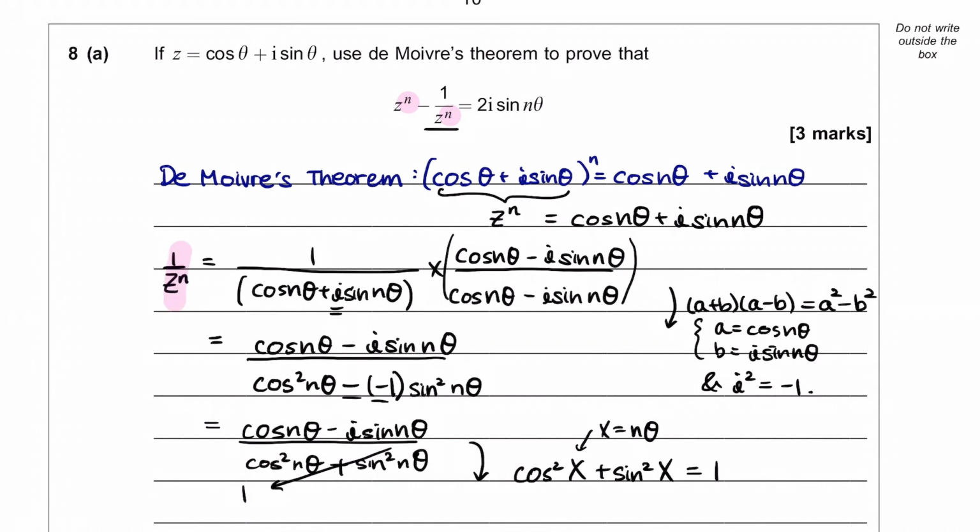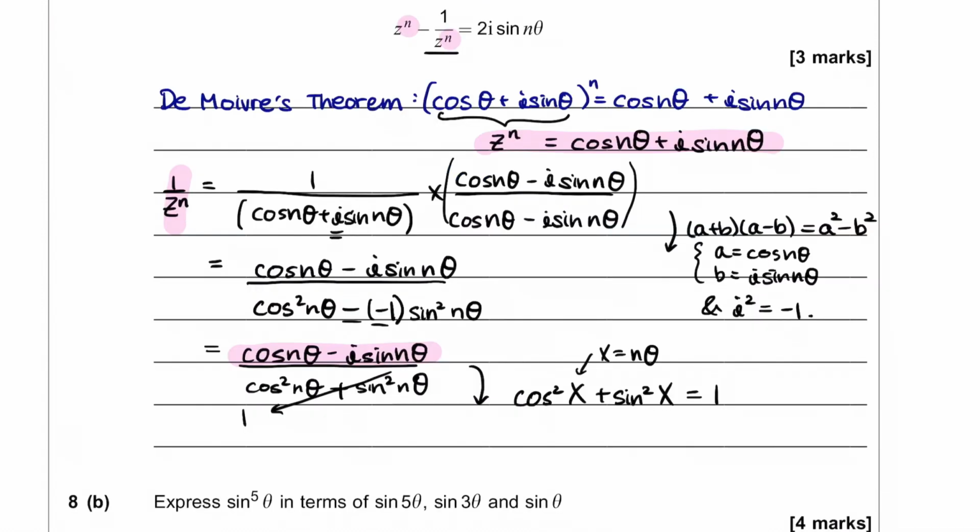So our 1 over z^n is equal to cosine n theta minus i sine n theta. And directly using the theorem, we found that z^n is as such. So if you subtract those two, you get z^n minus 1 over z^n, which becomes 2i sine n theta.